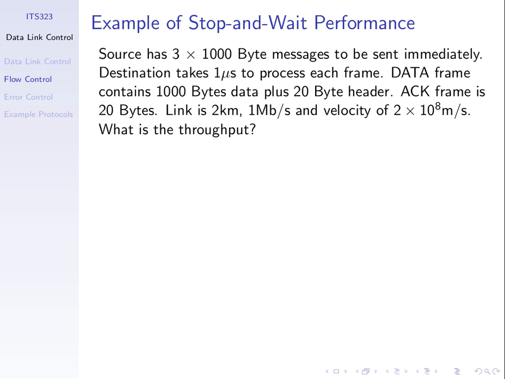If this is the data frame, data 1, and we start transmitting at time 0, the transmission time is 8,160 microseconds, then this time here would be 8160.